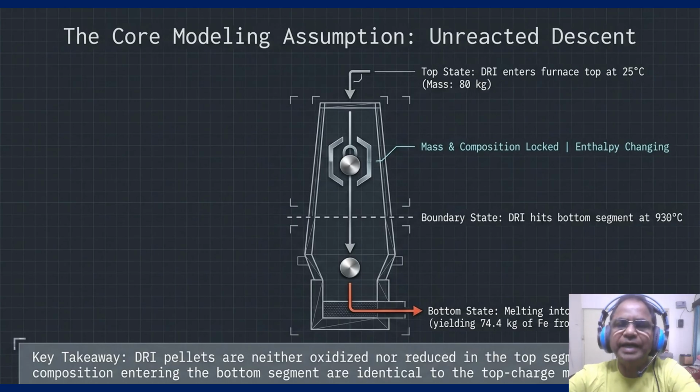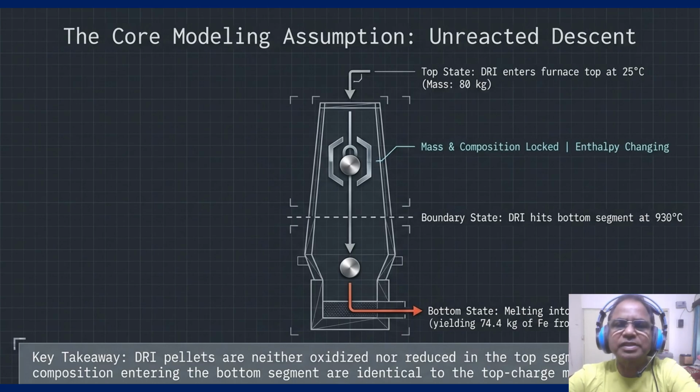This indicates that while the enthalpy is changing as it heats up, the mass of Fe, carbon and silica remains constant until it hits the bottom segment. This allows us to use a fixed 80 kilogram charge per ton of hot metal as a stable baseline for our matrix calculation.